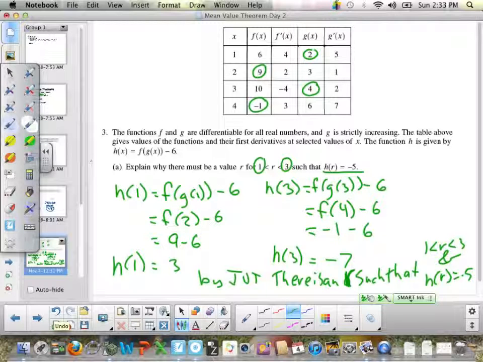All right? So by the intermediate value theorem, we surrounded the negative 5. So because we surrounded the negative 5 with the 1 and 3, it has to exist somewhere in the h's.